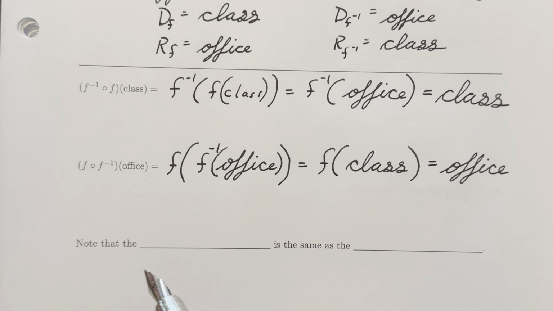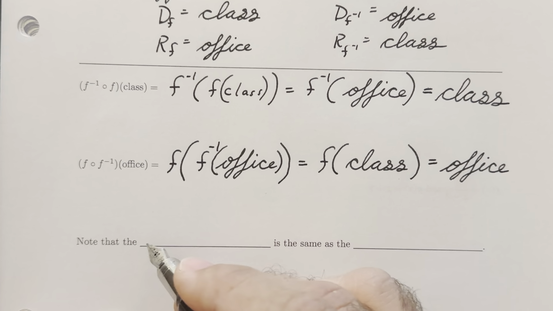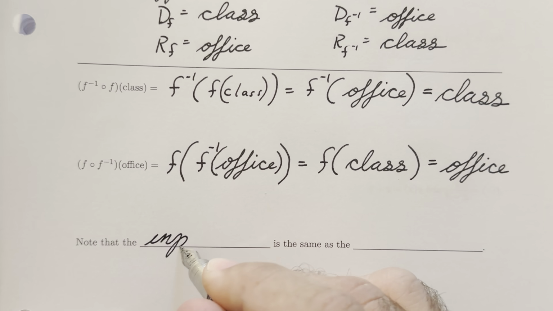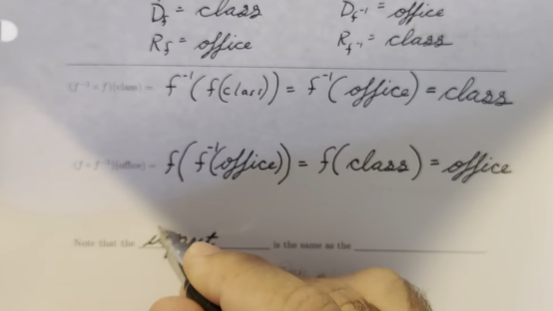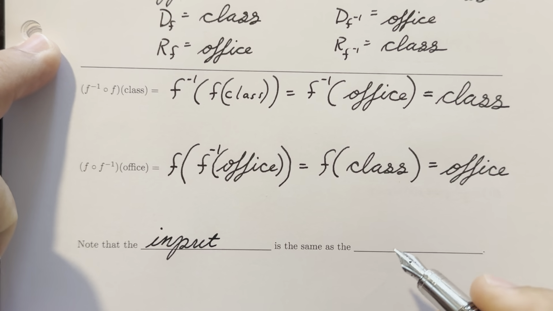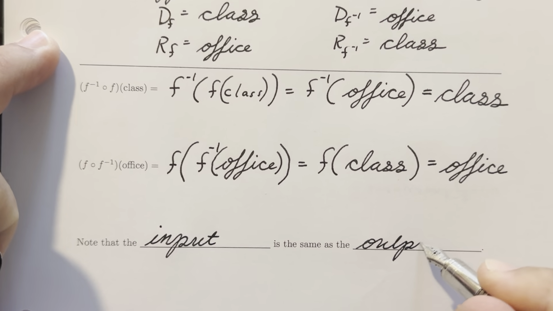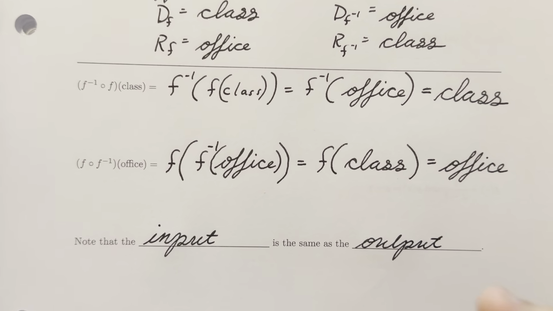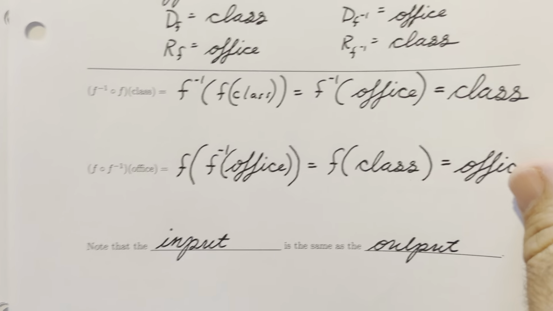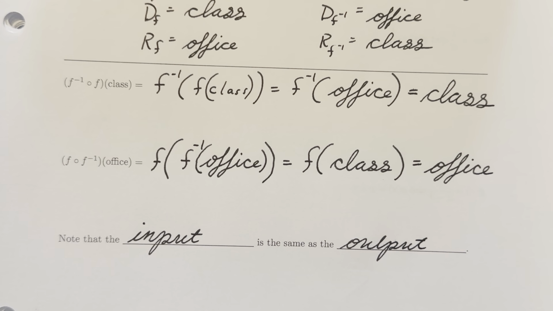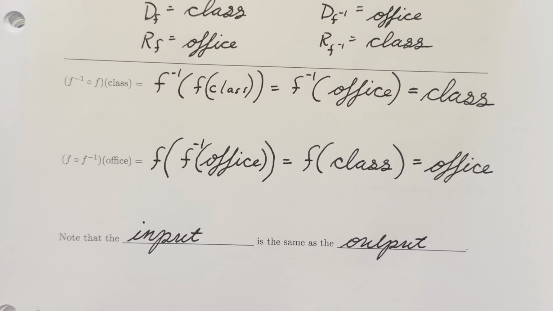So again, note that the input is the same as the output. And so, more technically, note that the domain and range swap places with each other.